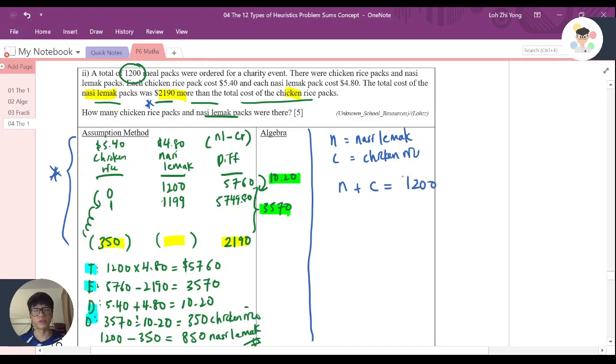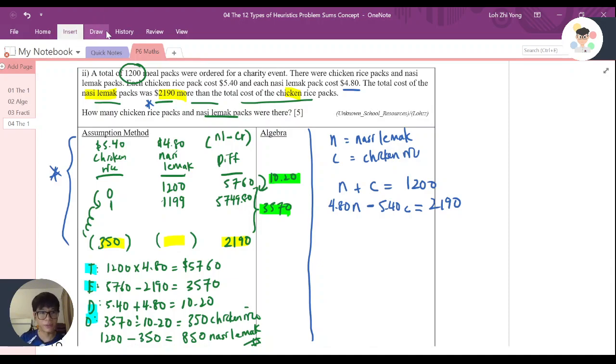This is the total number of meal packs. Nasi lemak costs 4.80, so 4.80 times n minus chicken rice 5.40 times c will be equal to 2190. Why? Because this is what is given: nasi lemak is more than chicken rice, so I need to minus.